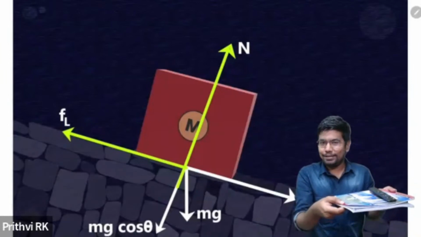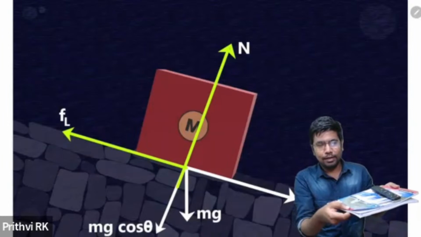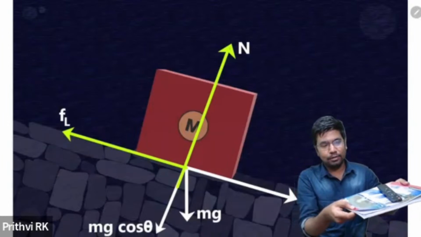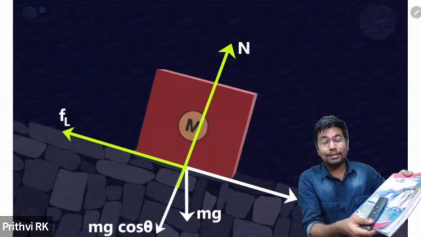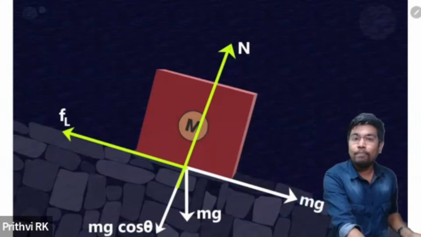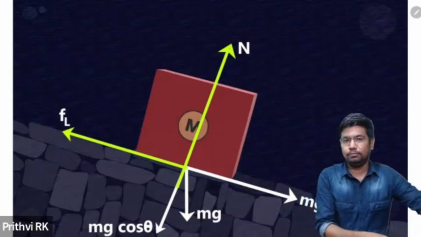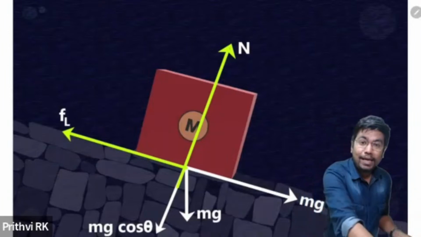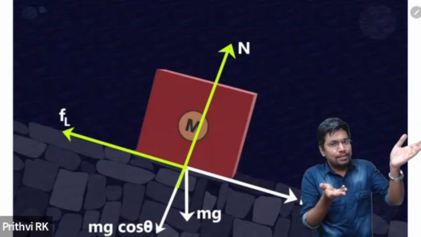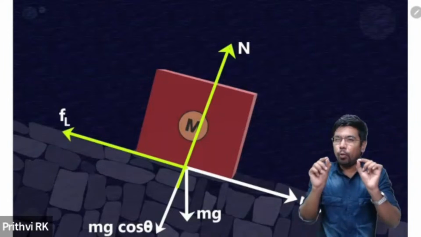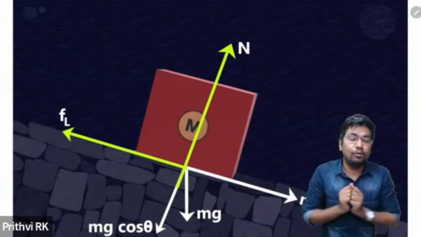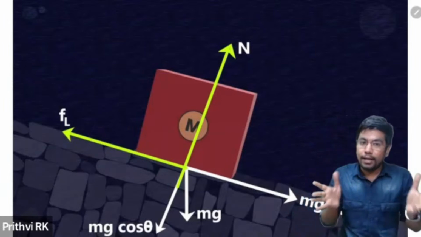So I'm going to place it like this. Here, if I increase the inclination, what happens? It starts to slide down, but it starts to slide down only at a particular angle. Only if I increase it to a particular angle, it will start to slide down. So at what angle this happens, that is what we call angle of repose.